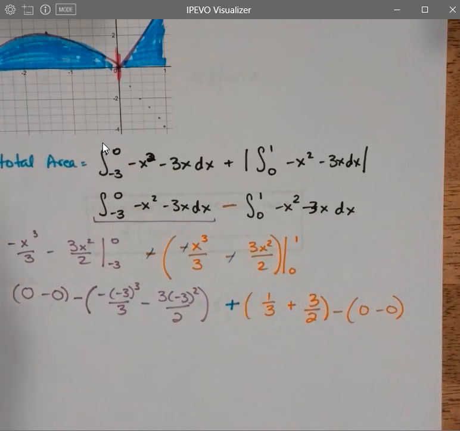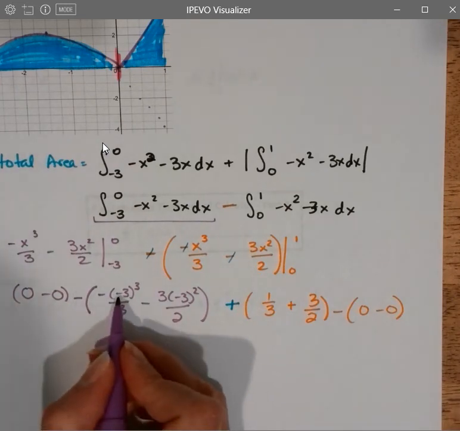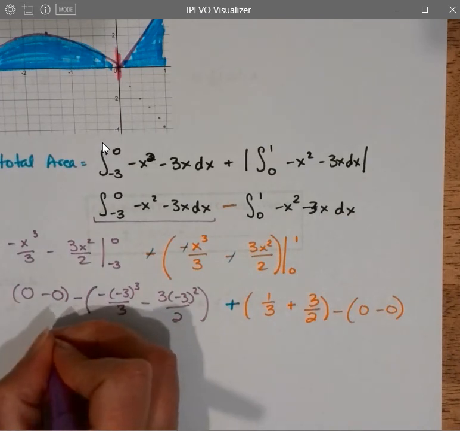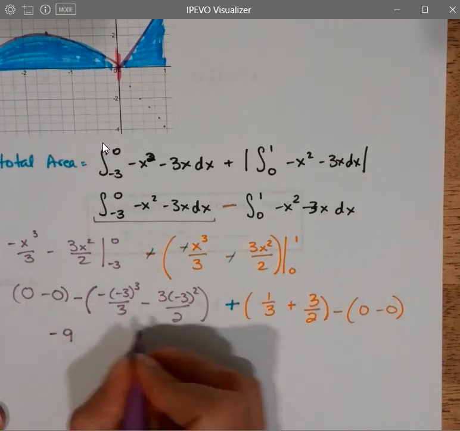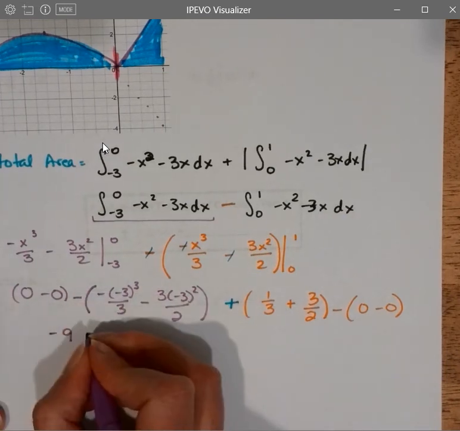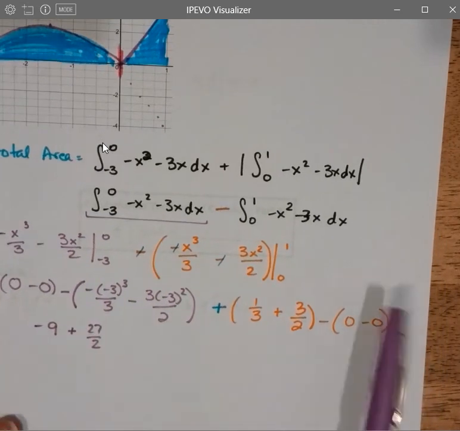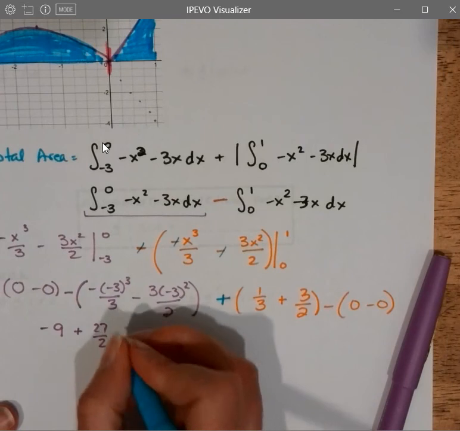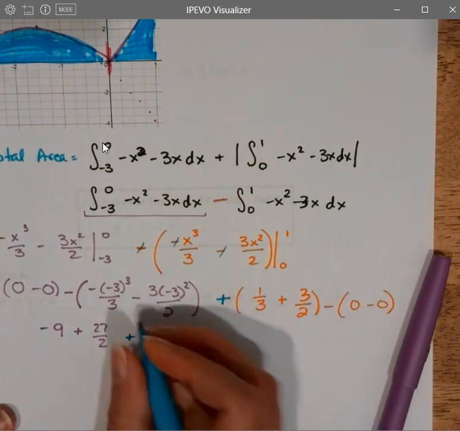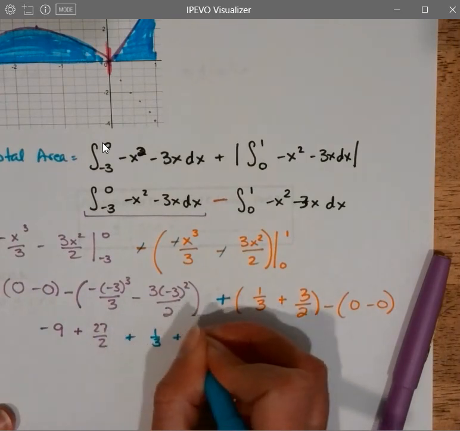All right, and then we have, okay, 3, 4, 5 negatives. This part's negative 9. And then 2, 3, 4 negatives. This part's positive 27 halves. Plus 1/3 plus 3 halves.